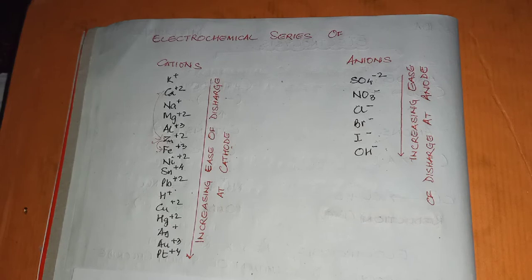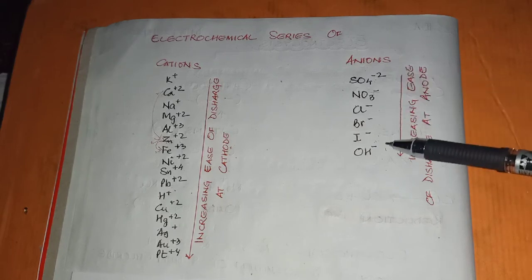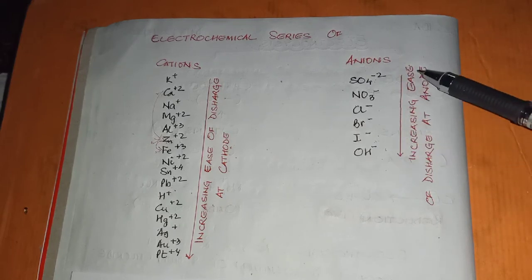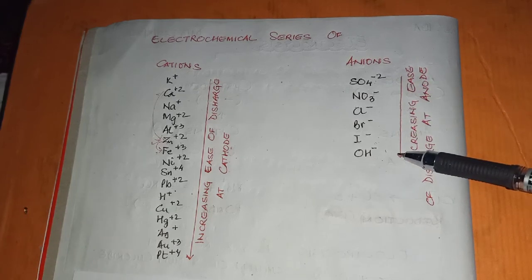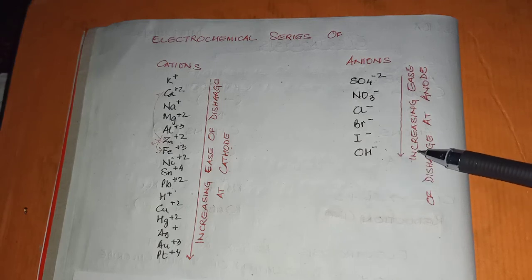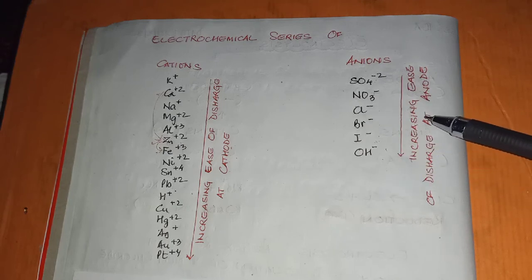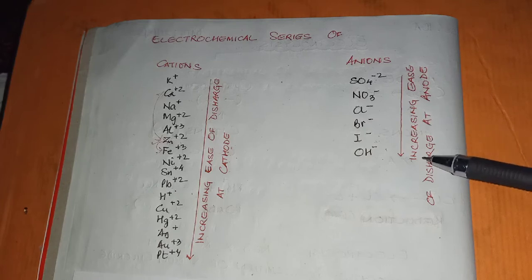In the same way, we have electrochemical series of anions, and like cations, for anions also, the lower the position in the electrochemical series, with much more ease the ion will be discharged.